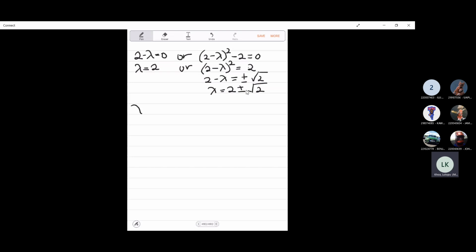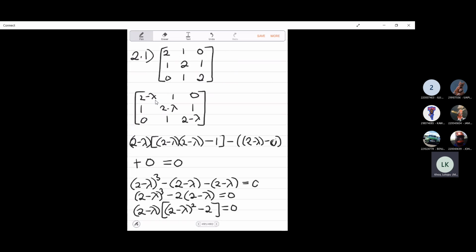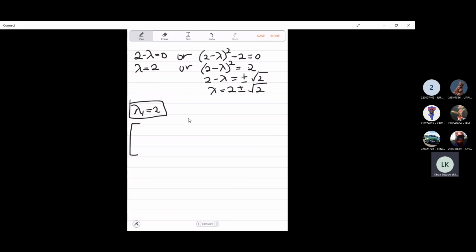So we start with lambda 1 when lambda is 2. So our matrix here, we have 2 minus 2, 2 minus 2, 2 minus 2. So it's zeros along the main diagonal. So I have 0, 1, 0, 1, 0, 1, 0, 1, 0, and then on this side I have 0, 0, 0.